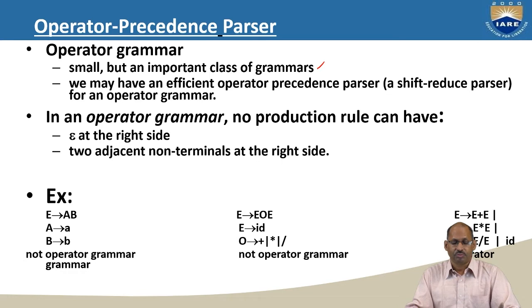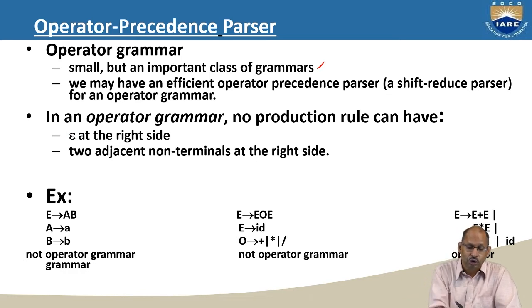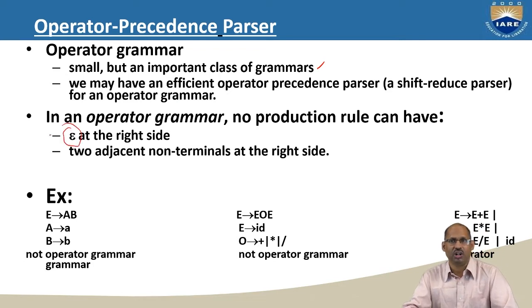In an operator grammar, there should not be any epsilons on the right side, and there should not be two adjacent non-terminals. There must be a terminal between two non-terminals.